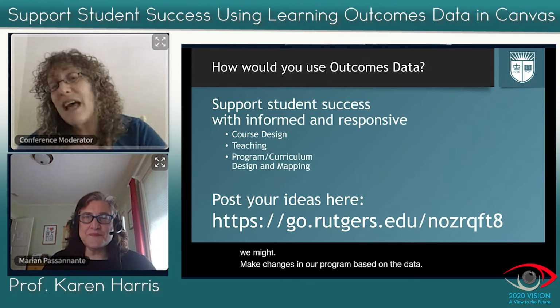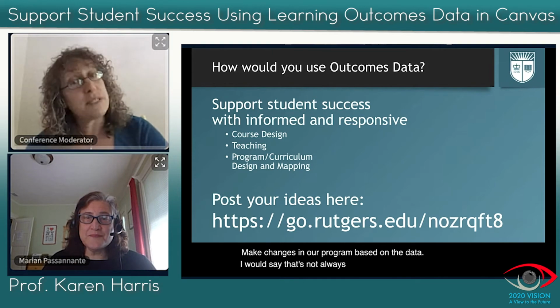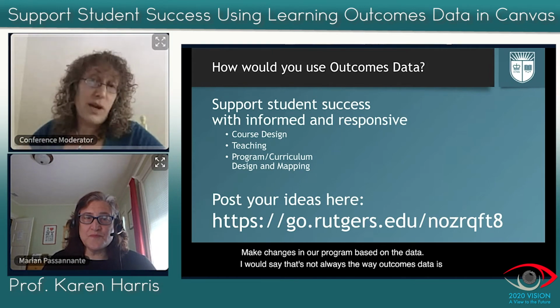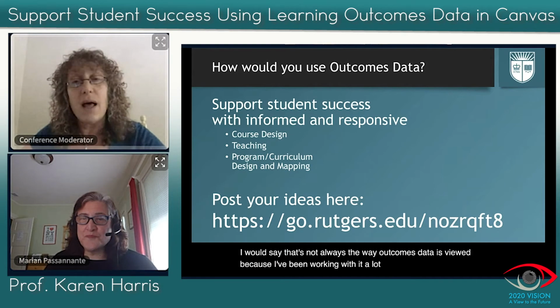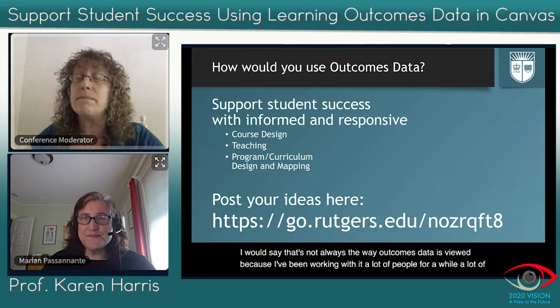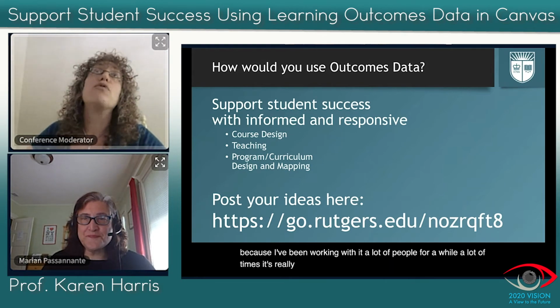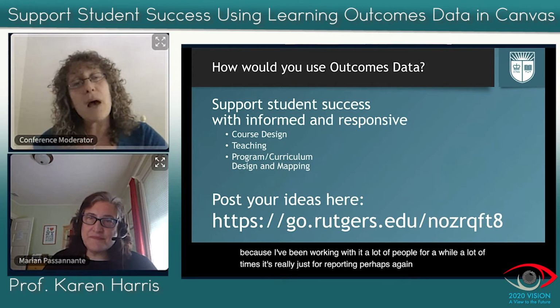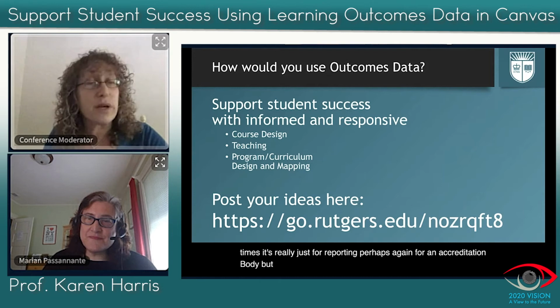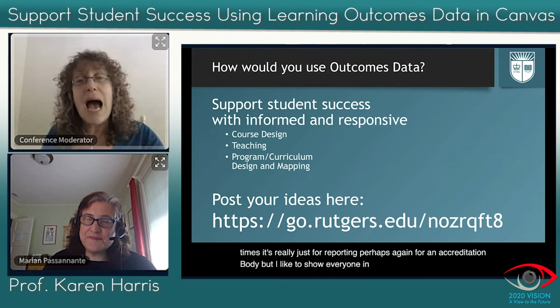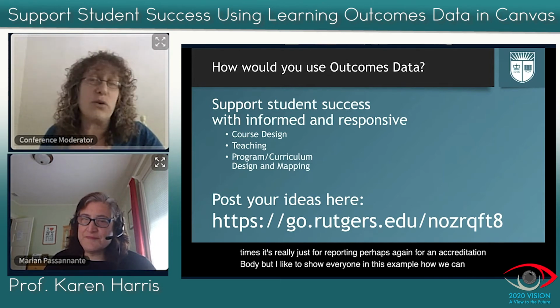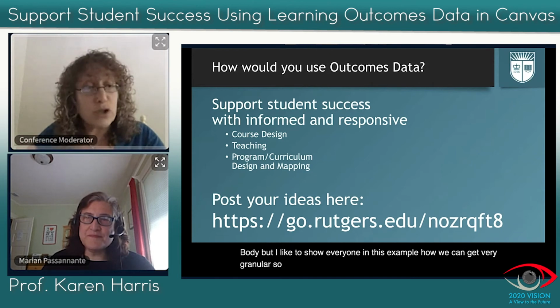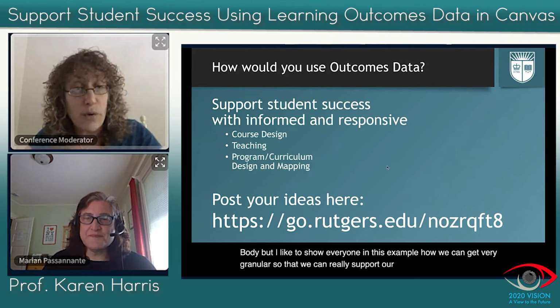I would say that's not always the way outcomes data is viewed, because I've been working with a lot of people for a while. A lot of times it's really just for reporting, perhaps for an accreditation body. But I'd like to show everyone in this example how we can get very, very granular, so that we can really support our students in what they are going to be learning.